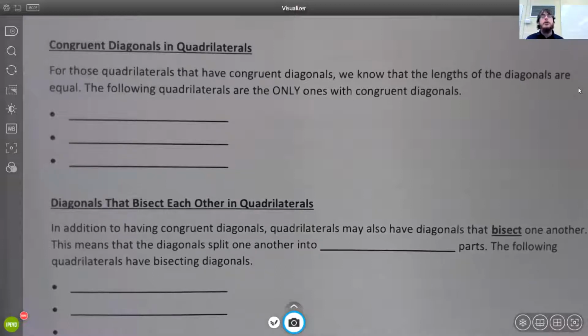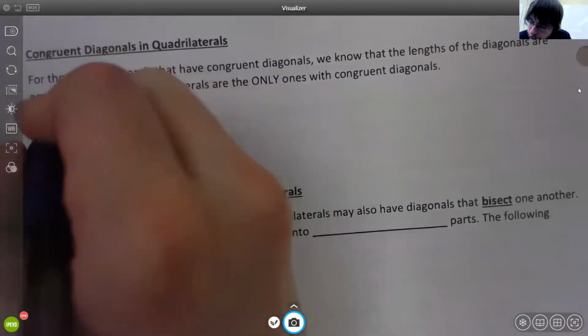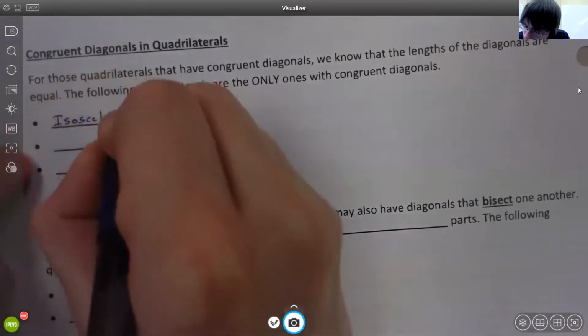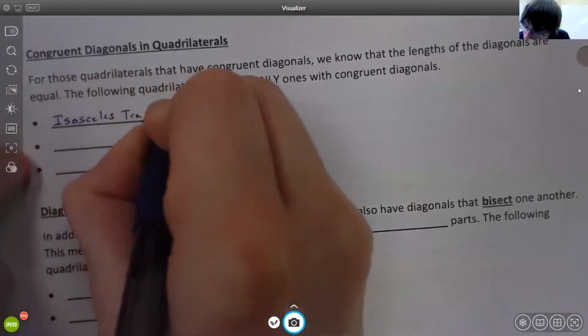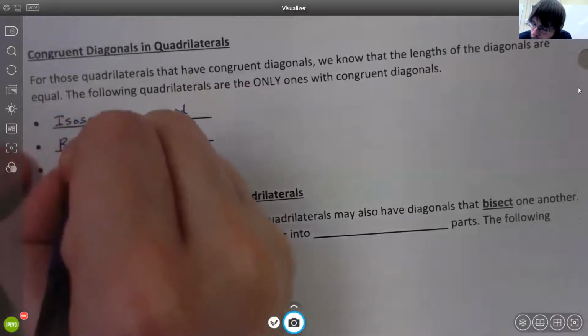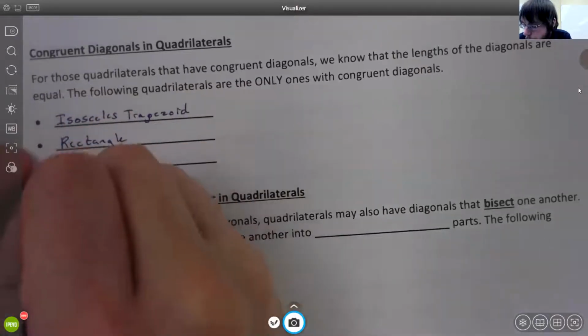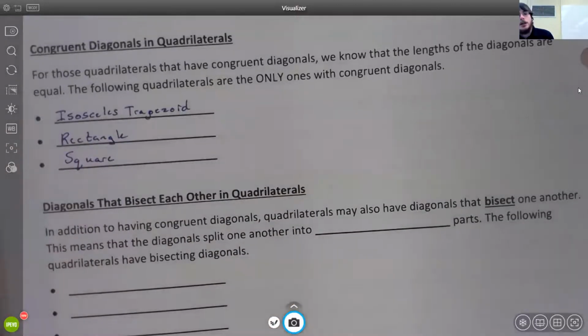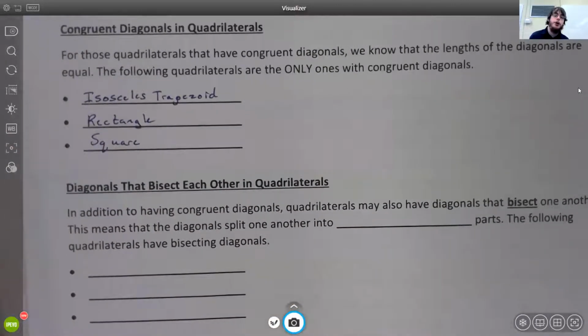So we need to know the shapes that have congruent diagonals, and these are the isosceles trapezoid, the rectangle, and the square. So those are the only three that have congruent diagonals. If we have a parallelogram or a rhombus, they do not have congruent diagonals.